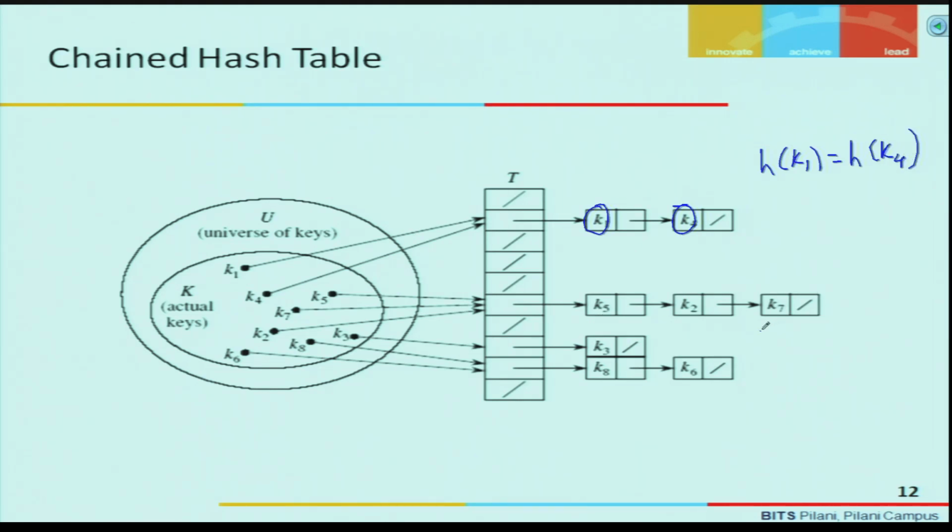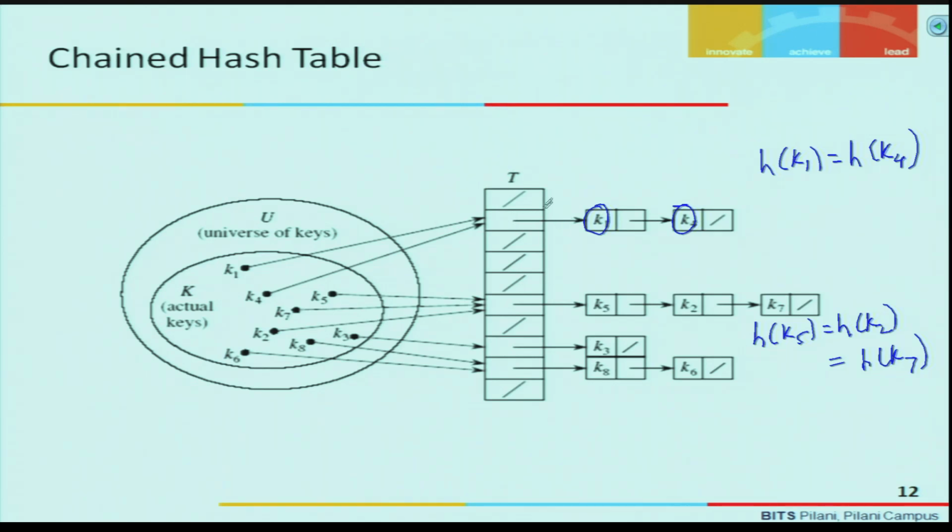This will mean h of k 5 equal to h of k 2 equal to h of k 7. When you have keys being hashed to the same slot, we create a linked list at that slot and insert this element into that linked list. So, k 1 is going to be scanned first.